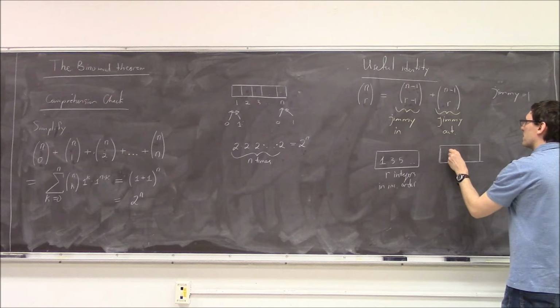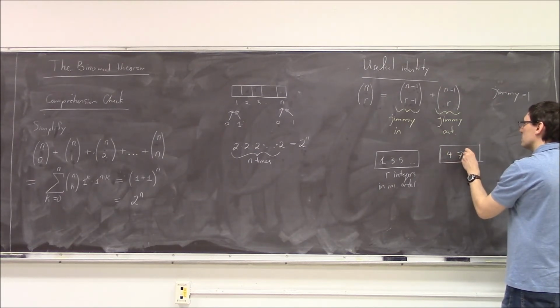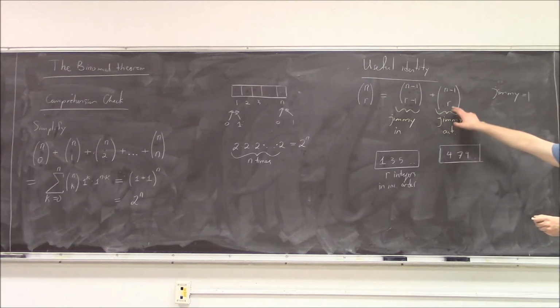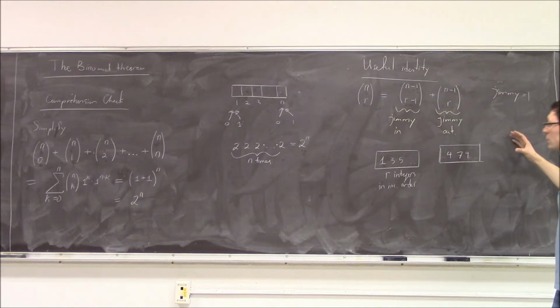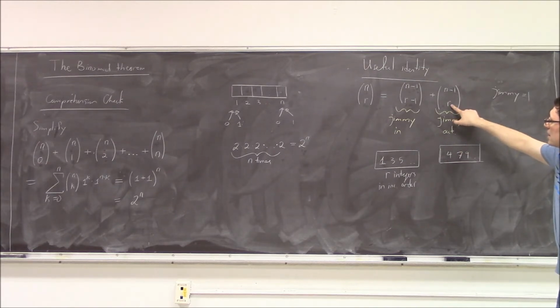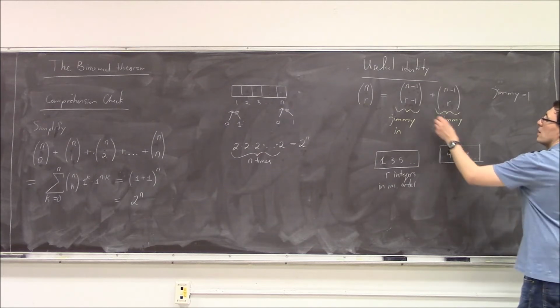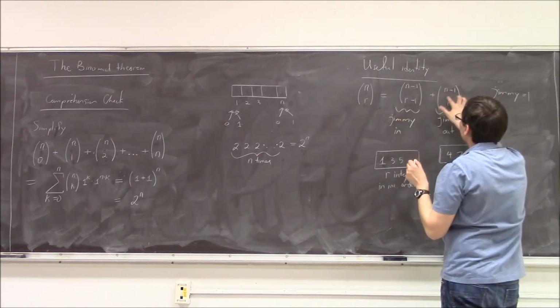So maybe the numbers are 4, 7, I don't know, 9, and onwards, okay? So that means I have to have a full collection of r numbers, but 1 cannot be a number there. So that's how I break it up.